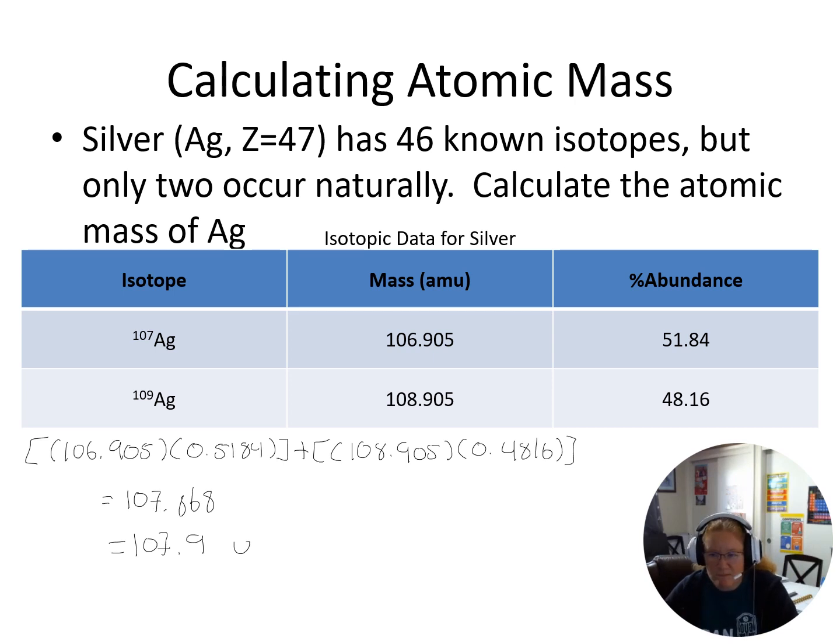So yeah, it's close to 108 because it's a close to 50-50 distribution, but it's not quite. So I get that 107.9. So just a little closer to 107 than it is to 109.